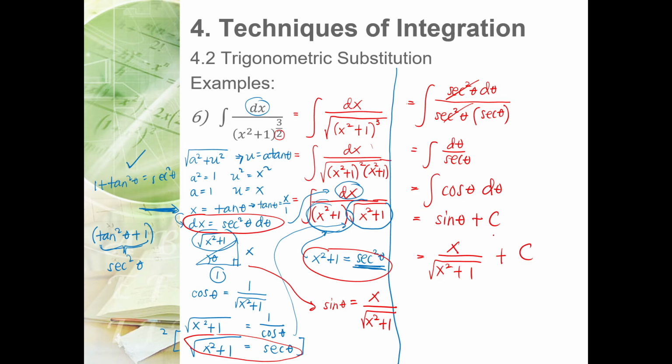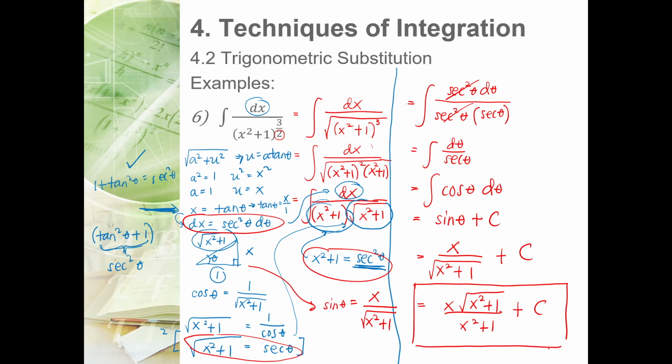Usually, since we don't want any radical expressions in the denominator, by rationalization the final answer is square root of x squared plus 1 all over x squared plus 1 plus c. Okay, so that's the final answer.